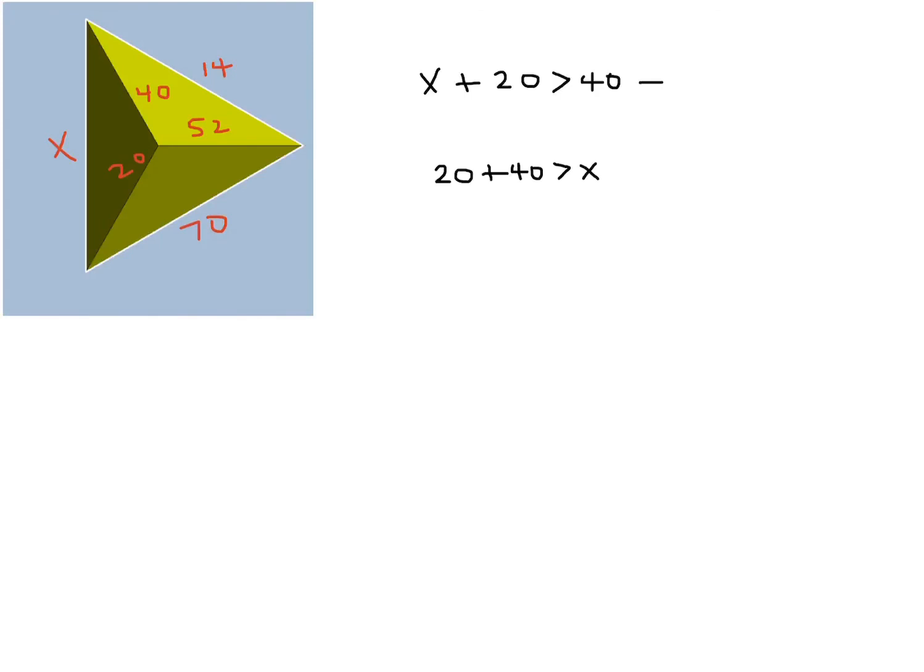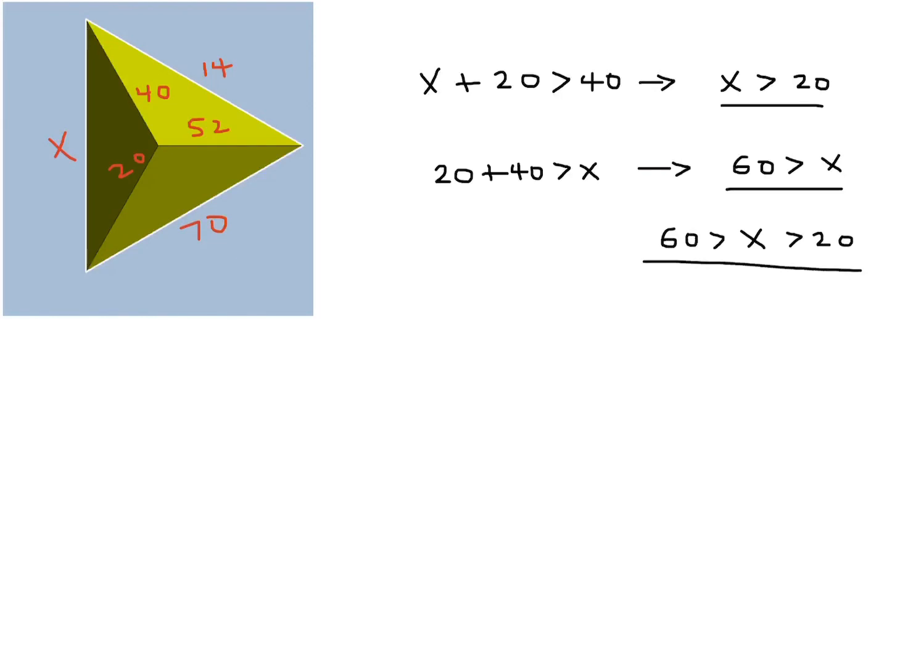All right, so from the first one, this basically means that x is greater than 20, like that. And from this one, we'll get that x is less than 60. So if you combine these two, the boundaries are greater than 20 and less than 60. Okay, so that's our first.